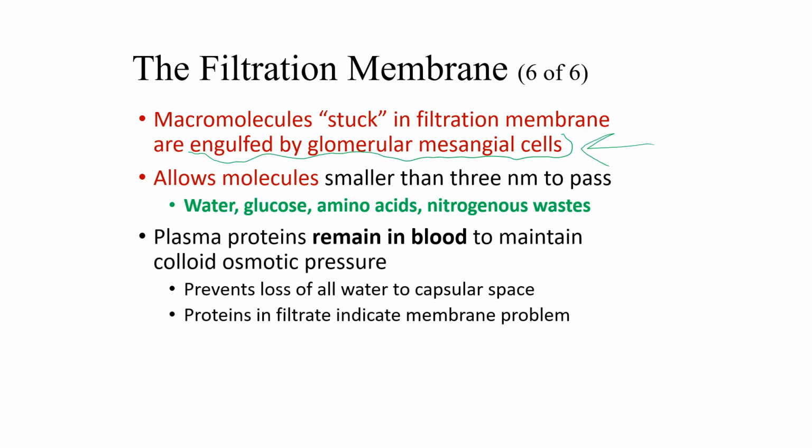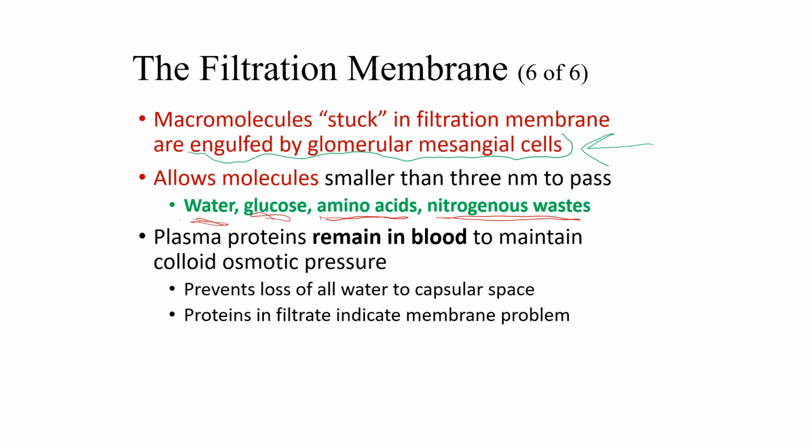And what are those that can pass through? Water, glucose, amino acids, nitrogen wastes. Anything that's bigger than 3 nanometers and passes through, that means you have a rip, a tear, some kind of mechanical problem in the filtration membrane.